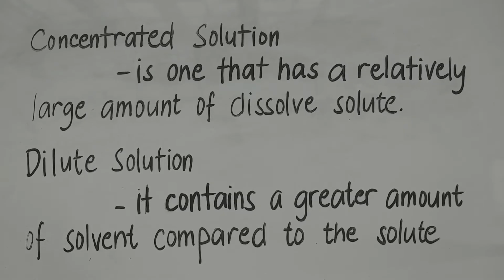So, now, before we proceed to the different ways of expressing the concentration of solutions, let's first describe or define these two. What is a concentrated solution? It is one that has a relatively large amount of dissolved solute.